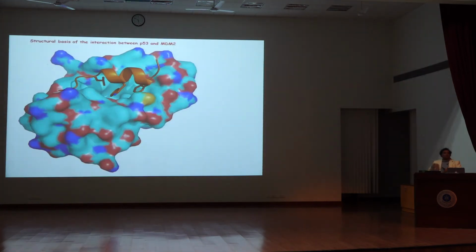Here is a story of how you might try and think of new ways of tackling this problem. So let's look at this interaction. I told you MDM2 is the negative regulator of P53. This is a crystal structure of MDM2. There is P53, or a part of it, and there is conservation in this over 1 billion years.